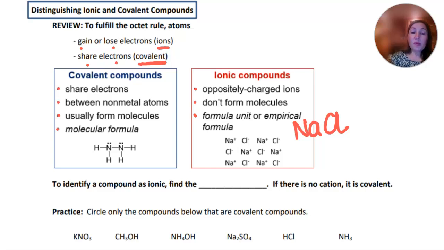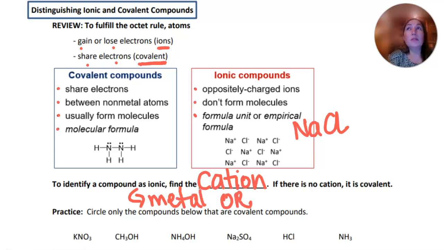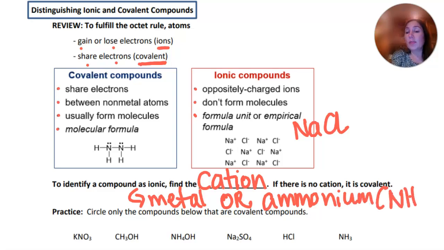To identify a compound as ionic, first just find the positive cation. If there's no cation, it's probably covalent. What's a cation going to look like? Well, that's either going to be starting with a metal cation, or the only polyatomic cation we had was ammonium, and a reminder that that was NH4+.